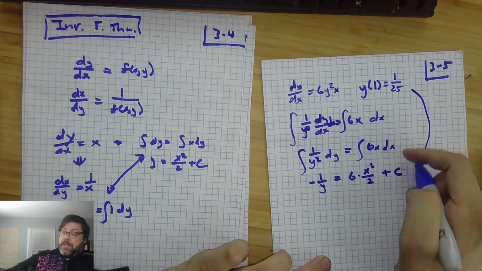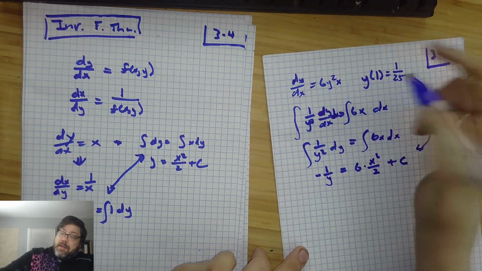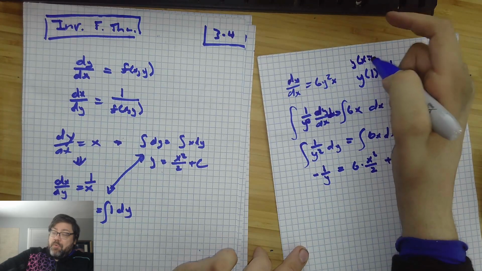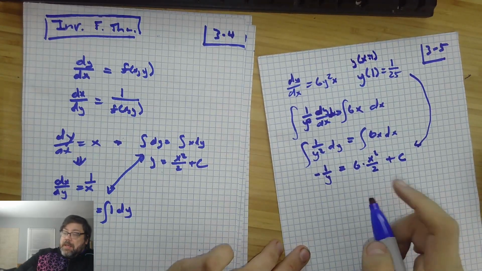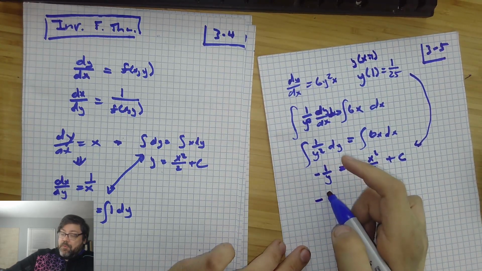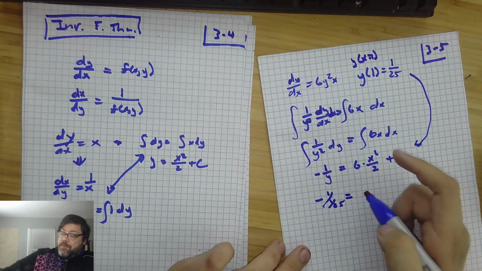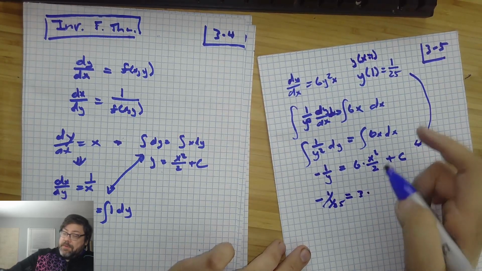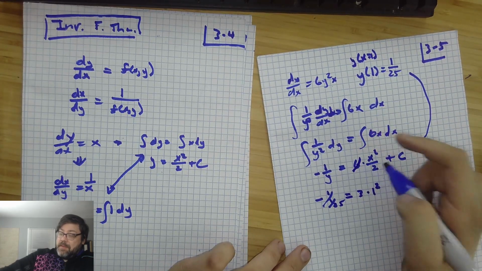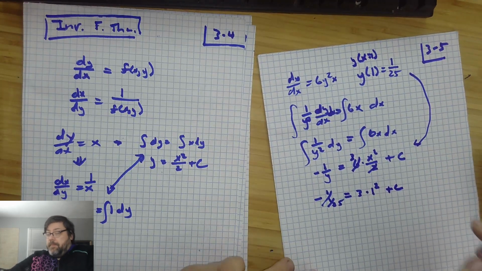Remember, y of 1 equals 1 over 25 means y at x equals 1. So this is minus 1 over 25 equals 3 times 1 squared plus c.